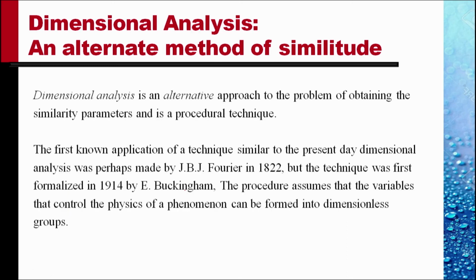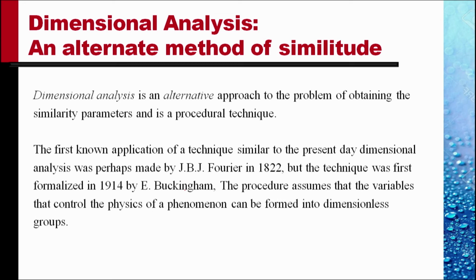We next introduce an alternative method of similitude, which is known as dimensional analysis. Most books in fluid mechanics deal only with dimensional analysis as a method of similitude. We believe that this is a method which is less powerful and is more difficult to use.